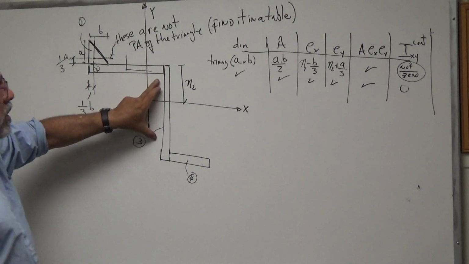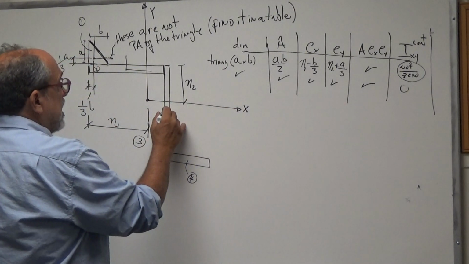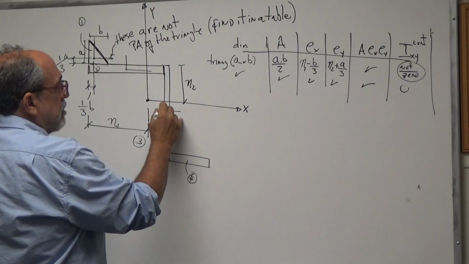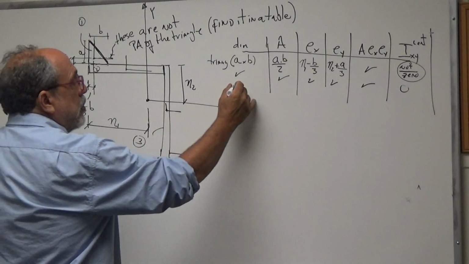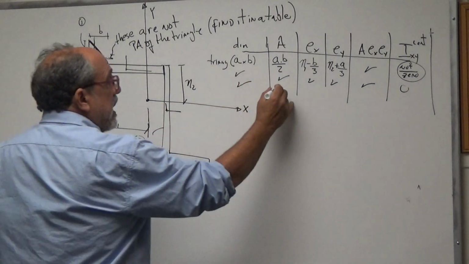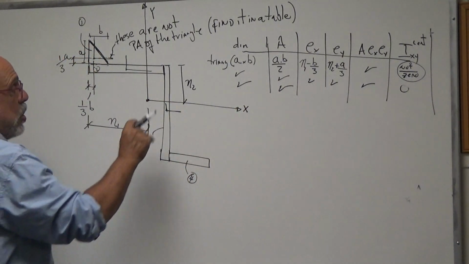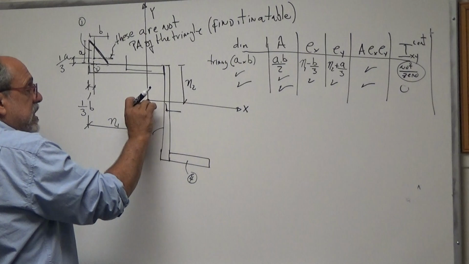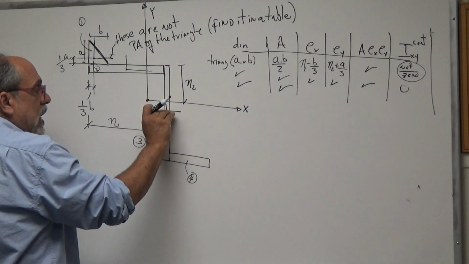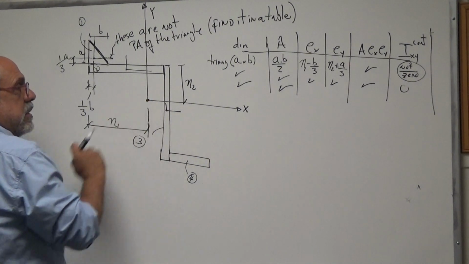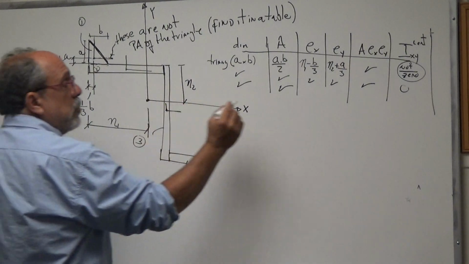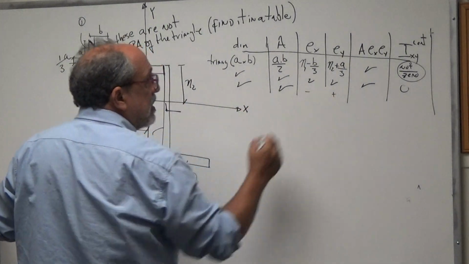When we get to this one, it has a centroidal axis over here, right? So there would be a dimension, there would be an area. It would have to be shifted, right? Because even though this is like this, the centroid is higher, so this would have to be shifted to the left and upward. So there would be a negative here and a positive here.